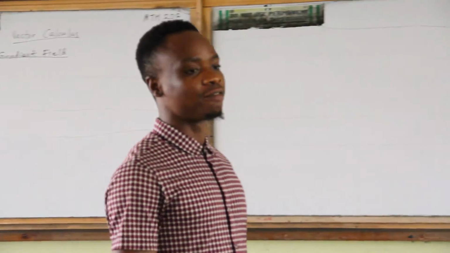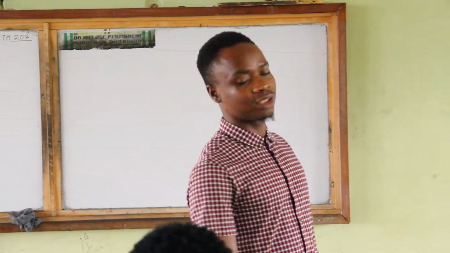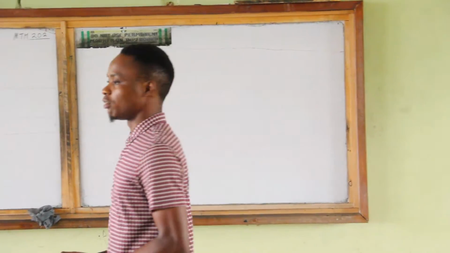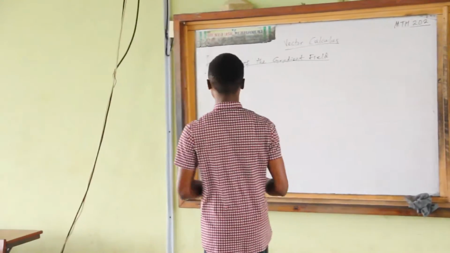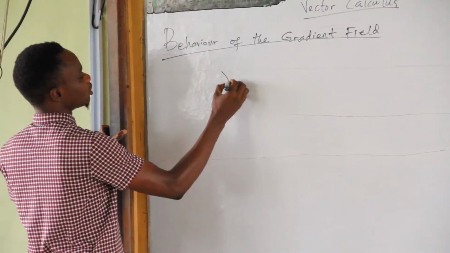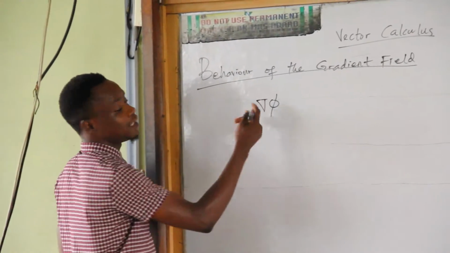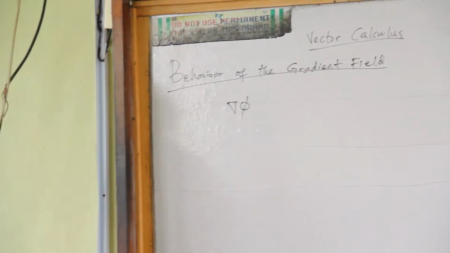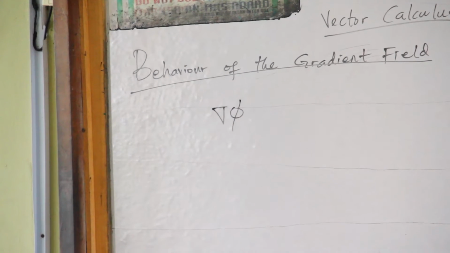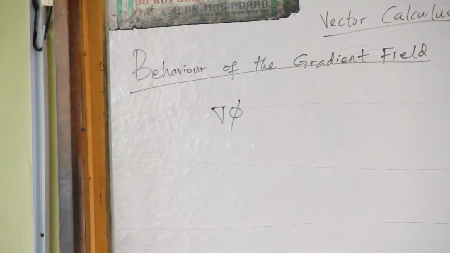It is the vector that results from the gradient of the scalar. Yeah, a vector field that is the gradient of a scalar function. So the gradient field is actually a vector field given by lambda 5, where phi is a scalar function. So once we look at the different behaviors of this, say different applications of it, implications of the gradient field.